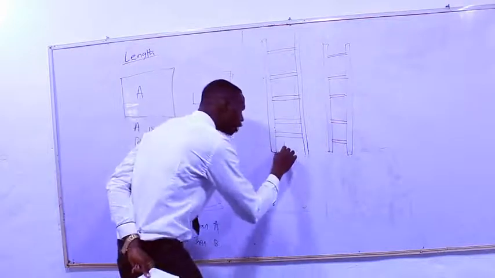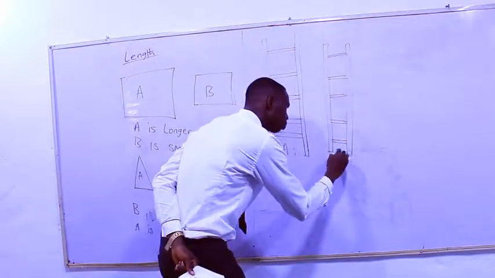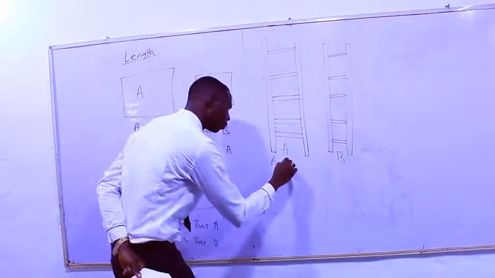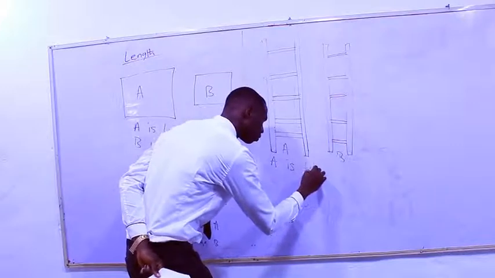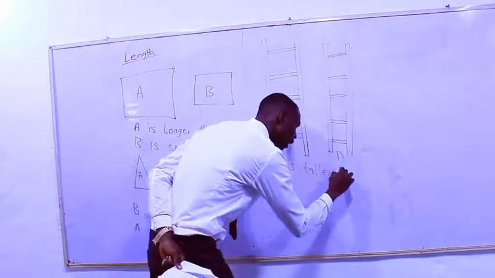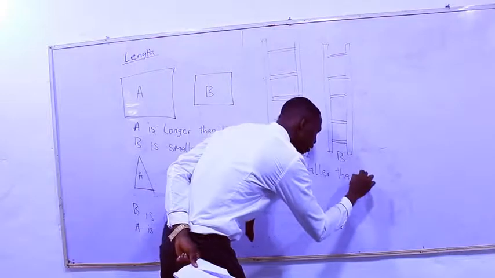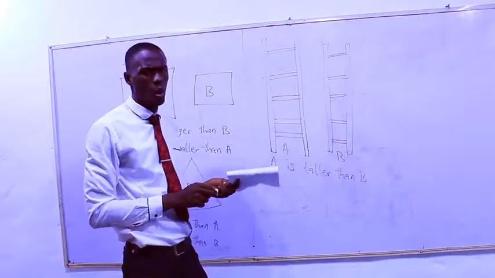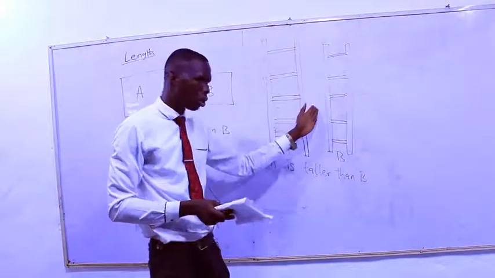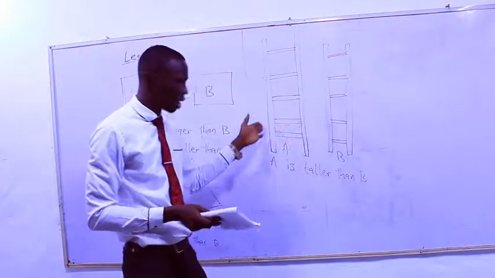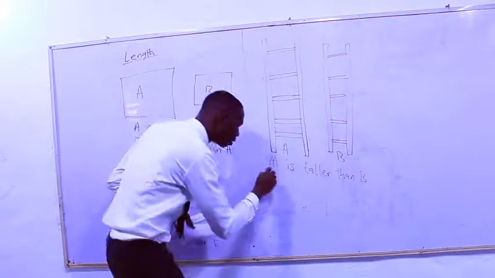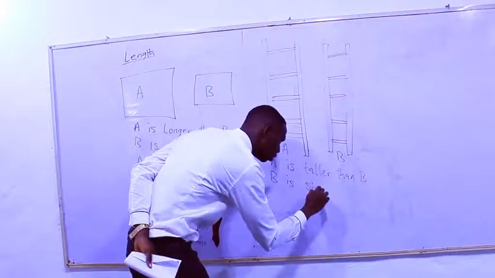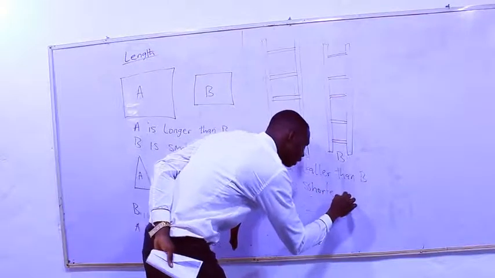If I call this A and this one B, in writing, I'll say A is taller than B. As you can see, A is a big ladder, very tall, while B is tall, but not as tall as A. And this, I'll say B is shorter than A.